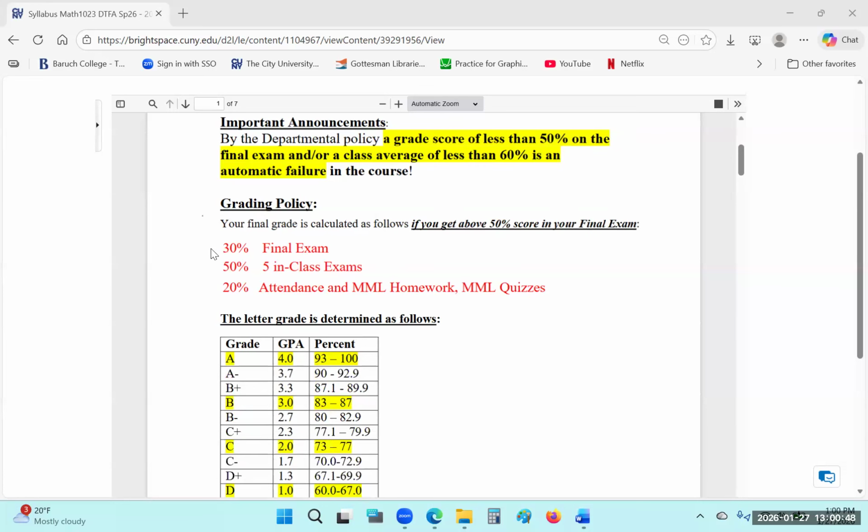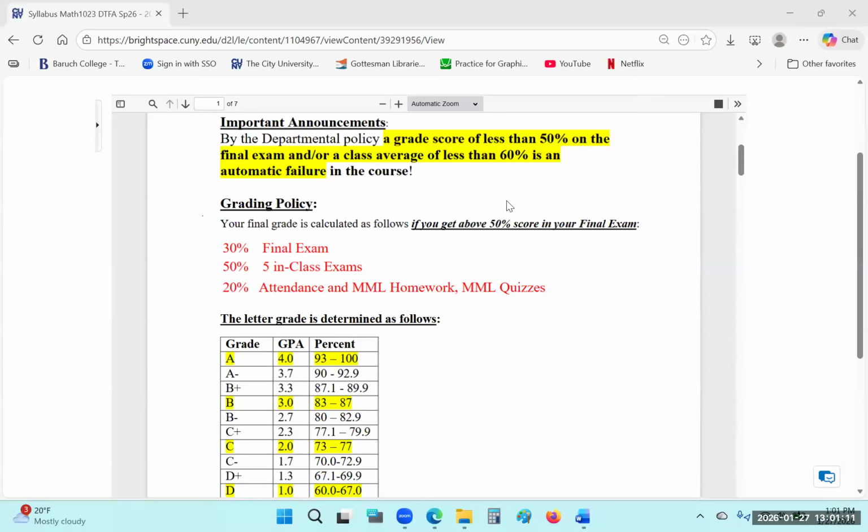Important announcement from the department is that in order to pass this class, there are 2 requirements. One is you have to pass the cumulative final exam with at least 50%. It means if you get even 47, 48, 49% in the final exam, you're going to fail the class. So first, you're going to pass the final exam with at least 50%.